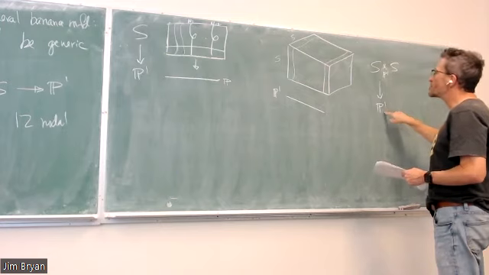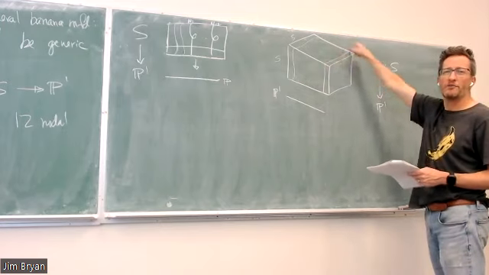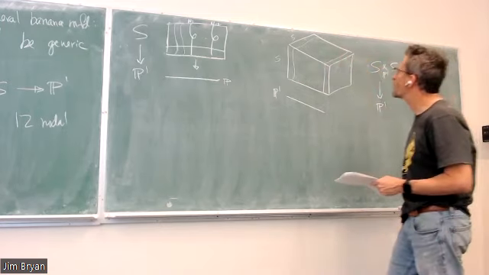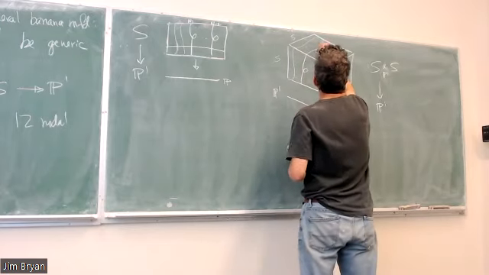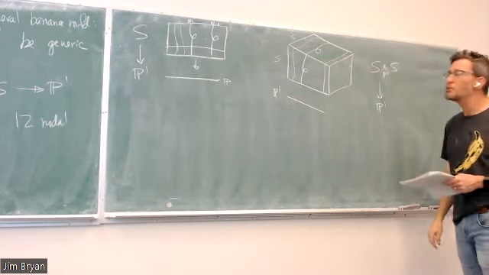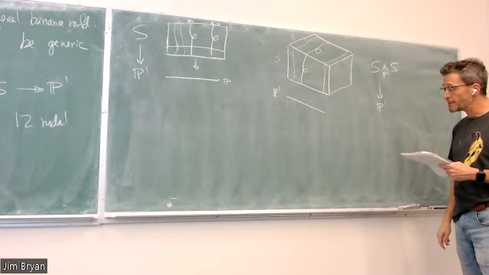The fiber over a generic point is just a product of an elliptic curve with itself, E cross E. And then I've got some singular fibers, which look like the product of 2 nodal fibers like that.